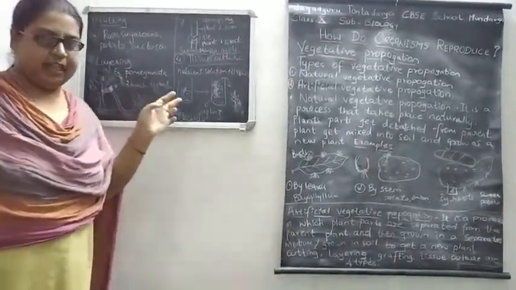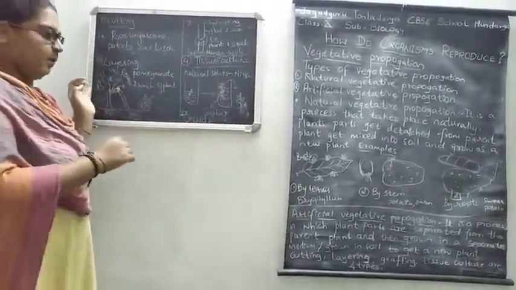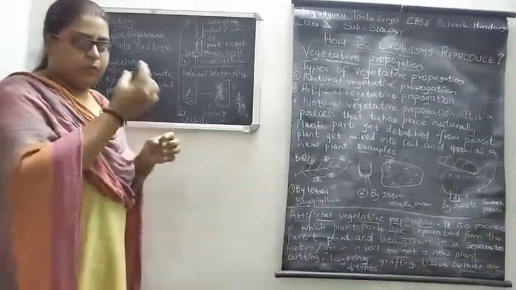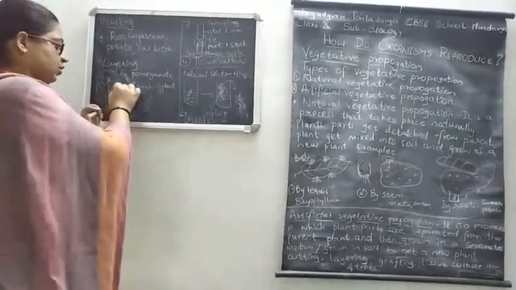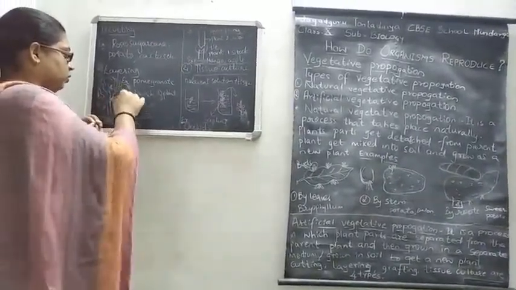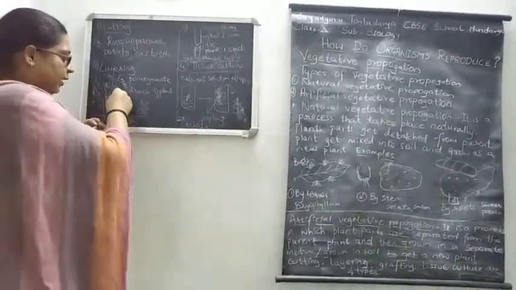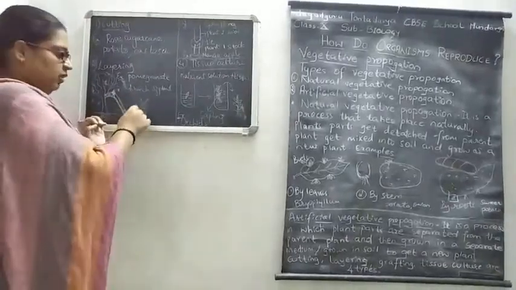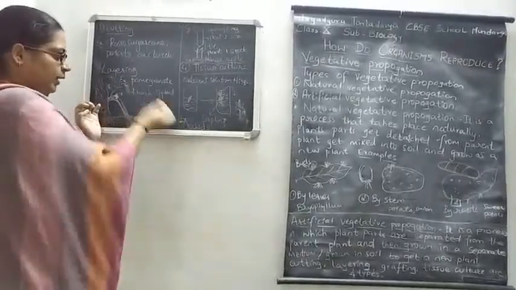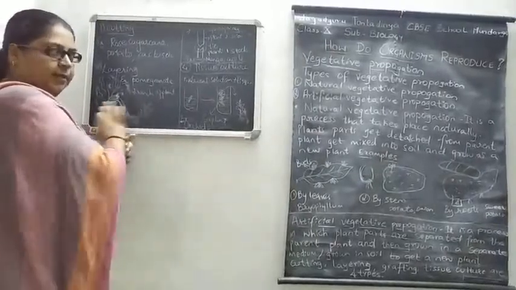Next, the second one is layering. Layering is another type of artificial vegetative propagation. In this, for example, this is one plant. From this plant, one branch is selected, and we pull it and add it into the soil, and we close the ground.